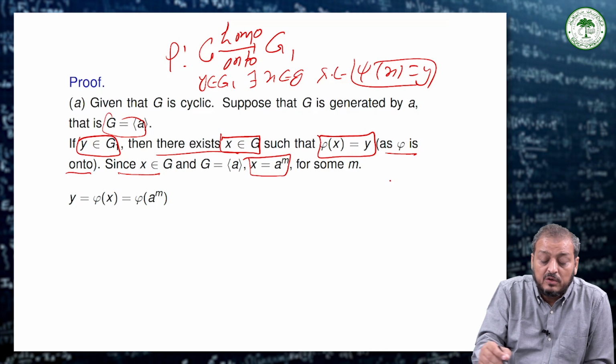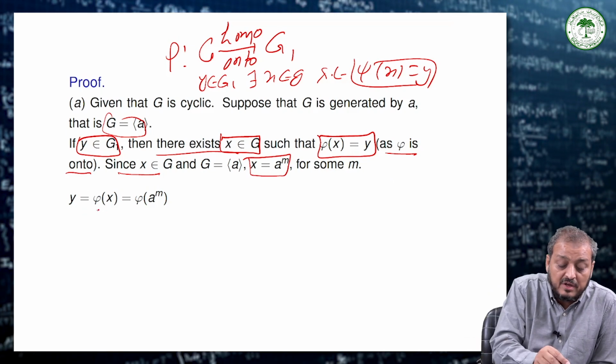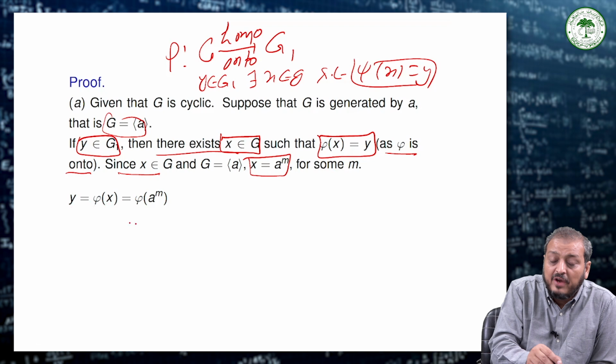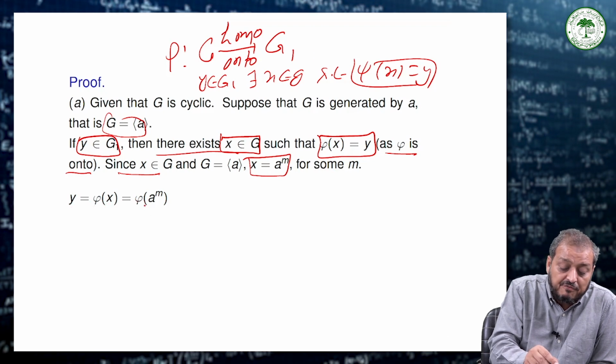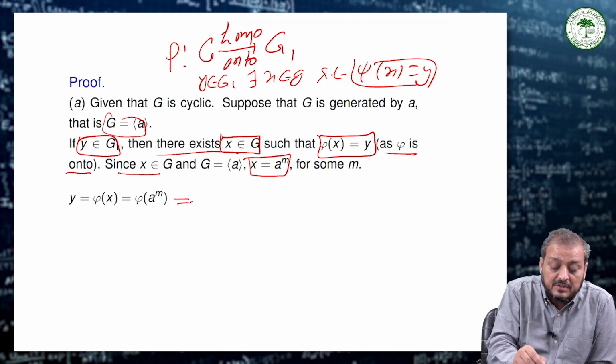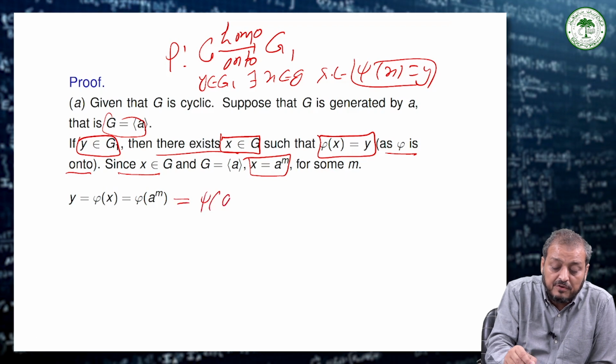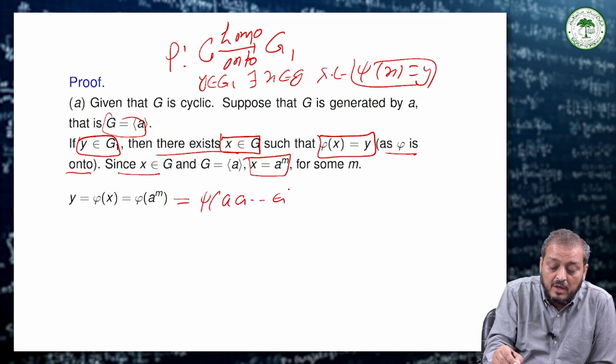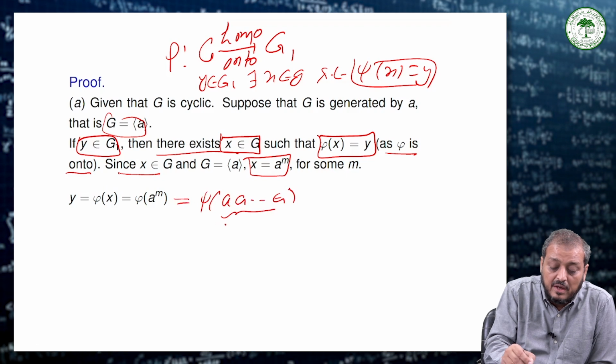Now, y is equal to phi of x, which is phi of a to the power m. And phi of a to the power m can be written as phi of a times a up to m times.